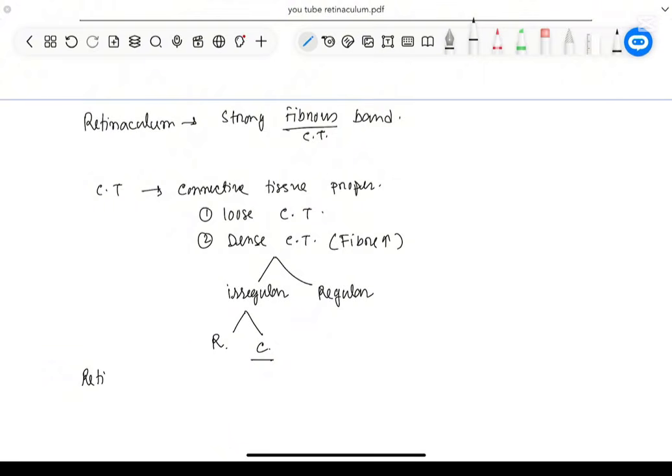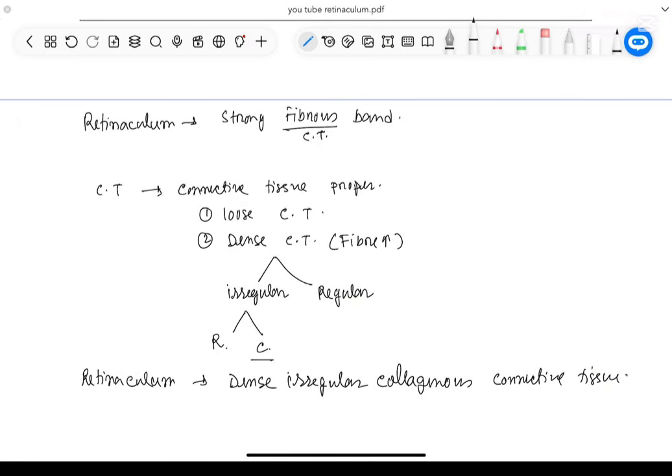The retinaculum is nothing but dense irregular collagenous connective tissue. And which type of collagen? Collagen type 1. That's all about the retinaculum.